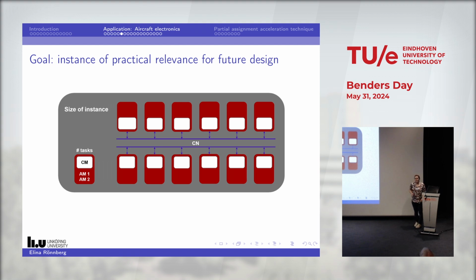Before moving on to how to solve this problem, I want to show you an instance of practical relevance. Fortunately, it took me a while to understand that this was what they wanted to do, because we had to formulate the problem first. If I had known in advance, I would have said no, I think.